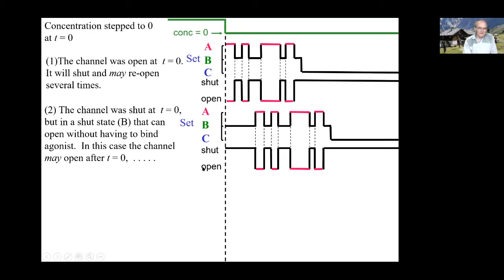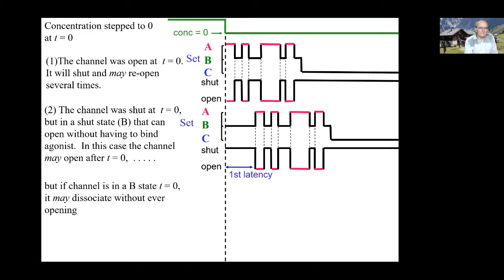And this is what we actually observe. The time from the time the concentration was reduced to 0 to the time of the first opening is the first latency. Or in general, the time from the step in agonist concentration to the first opening is the first latency.